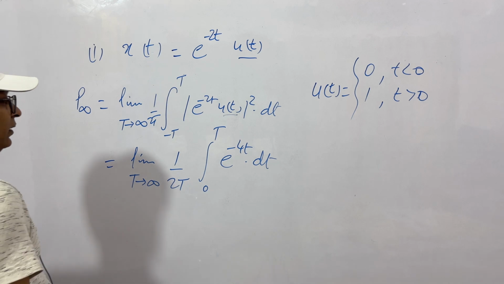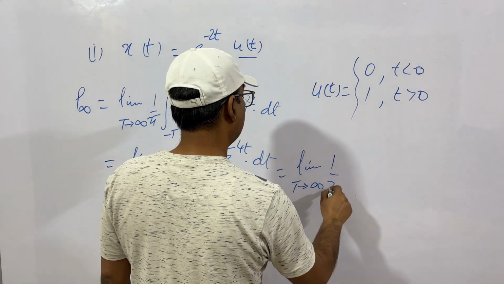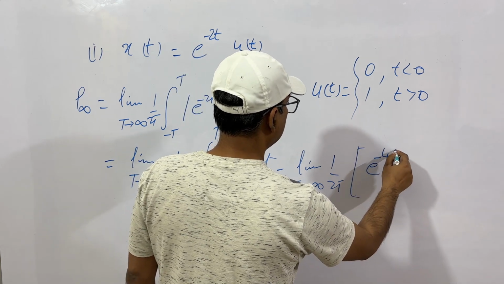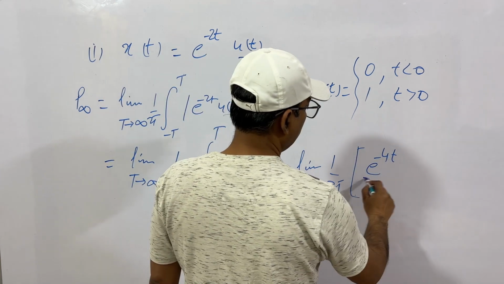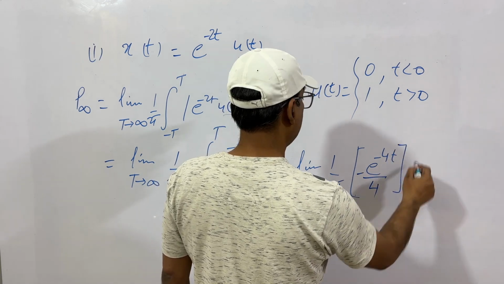Or we can say limit t tending to infinity 1 by 2t, this is e to the power minus 4t by minus 4, from 0 to t.